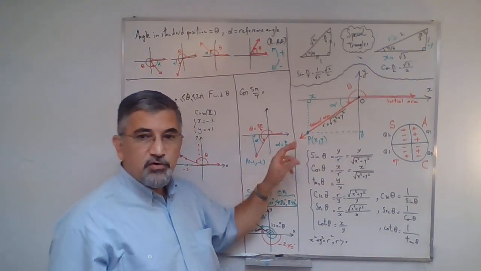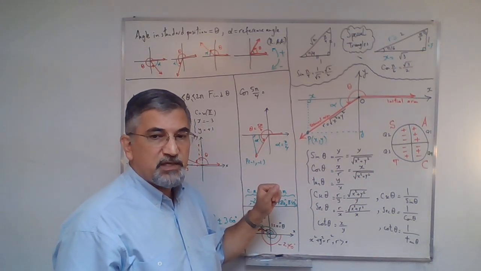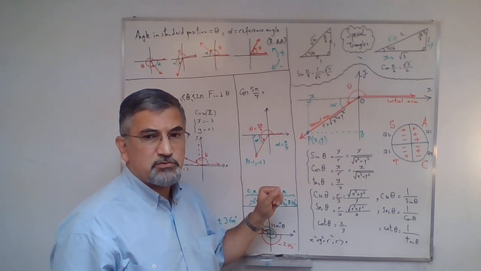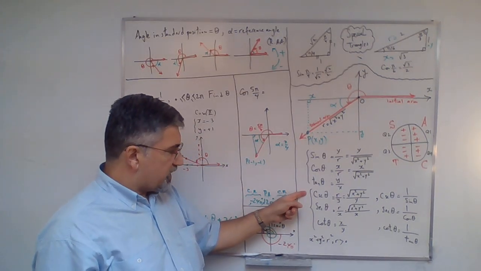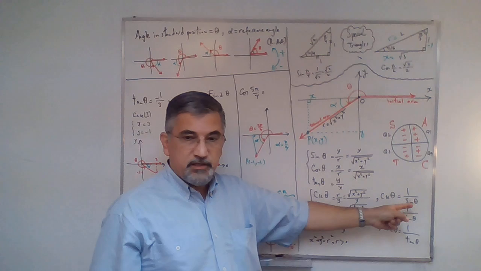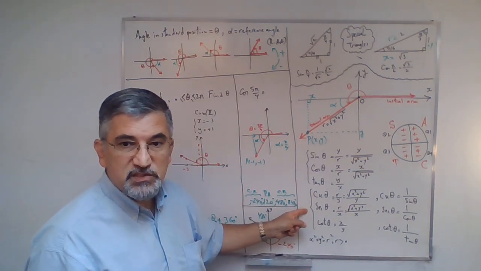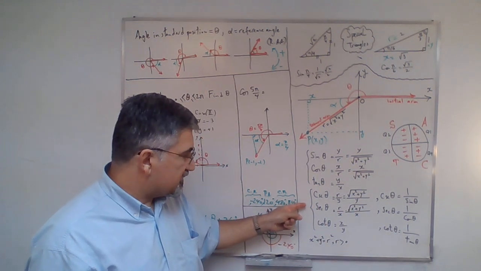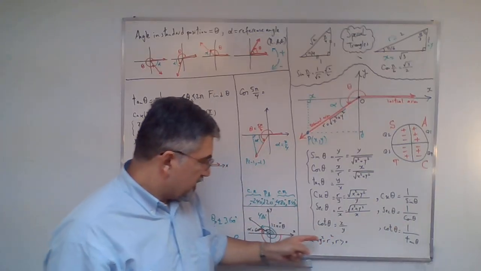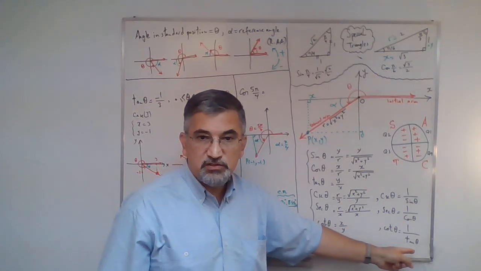Other than the 3 primary trigonometric ratios, we have reciprocal or secondary trigonometric ratios as well. So cosecant, which is the reciprocal of sine, and then secant, the symbol is SEC. Secant of theta is 1 over cosine of theta, and cotangent of theta is 1 over tangent of theta.